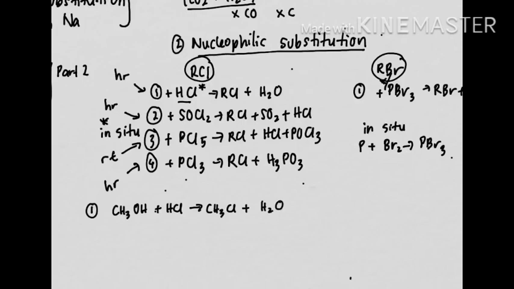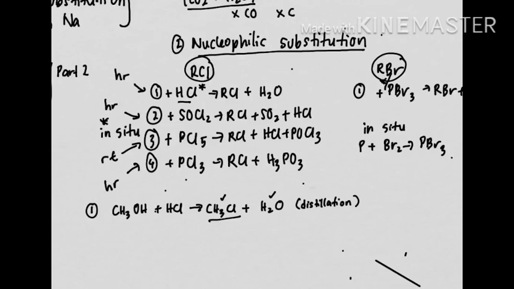You can clearly see that we are going to get the RCl and water. Because there is a presence of water over here, in order to get that halogenoalkane, you need to use distillation, and then only you are going to be able to get the CH3Cl.